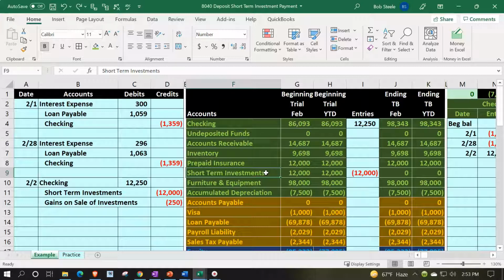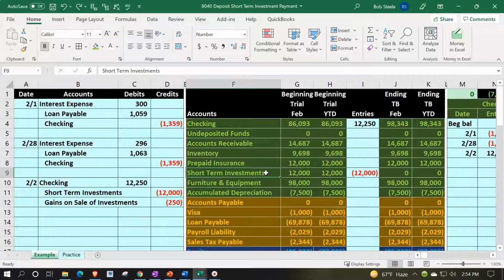Generally, you want to have a few, not too many categories of the types of investments, but rather group them together, because on the financial statements you're going to be displaying your grouped-up short-term investments. Then possibly think about having a subsidiary ledger, or your investment company or broker helping you out, to give you more detail to support that number.